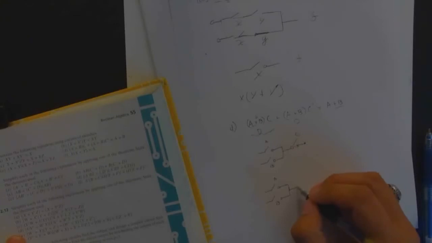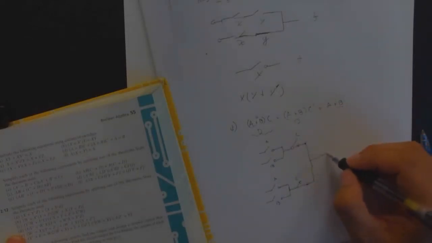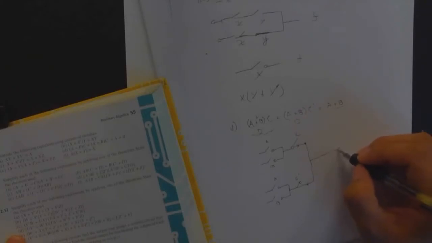And then this next section is going to be A, B, and then C again, but C not. And then on the other side of the equal sign, you'll just have these two switches.